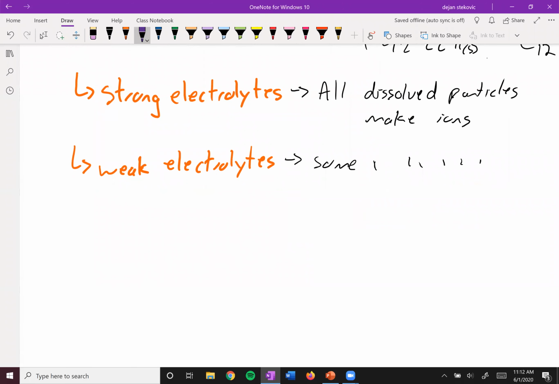And so why are they called electrolytes? Well, we can measure how strong an electrolyte is by whether they conduct electricity.